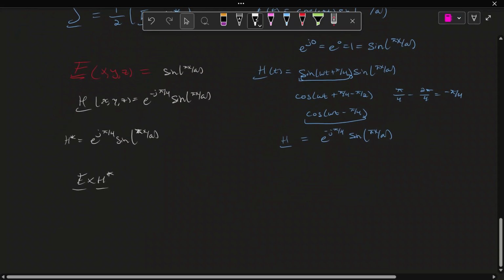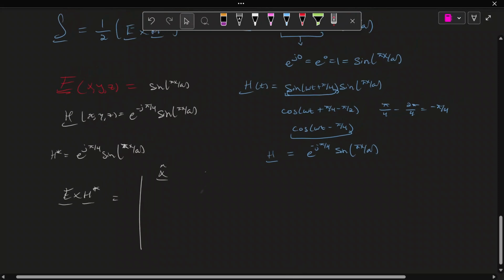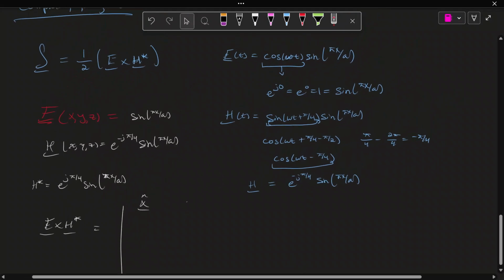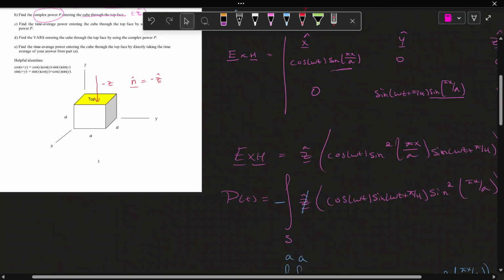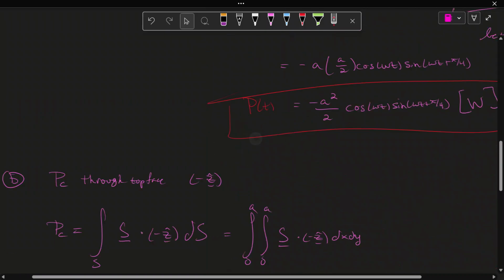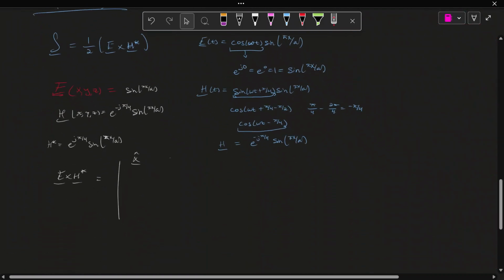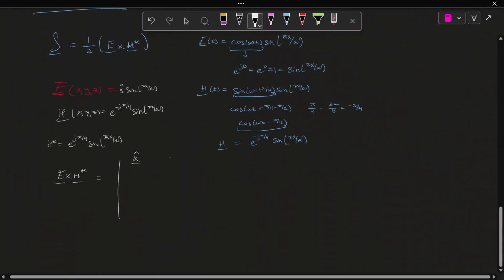Now, E crossed with H, not cylindrical, rectangular coordinates again. Does E have an x component? Wait, did I skip over that? Hold on. Okay, E has an x and H has a y. So E should be x hat and H would be y hat. Sorry about that.